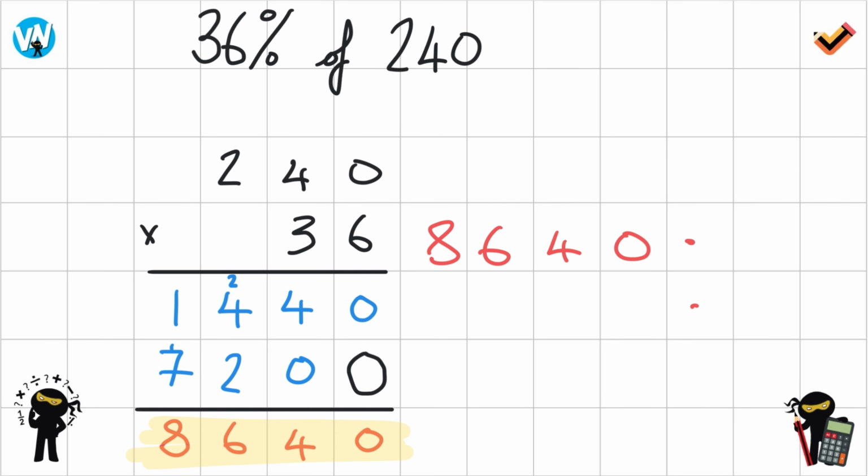So the 8 would end up here. Then it's the 6. Then it's the 4. Then it's the 0. Okay. So essentially we get to the same answer that we did before, which is 86.4.